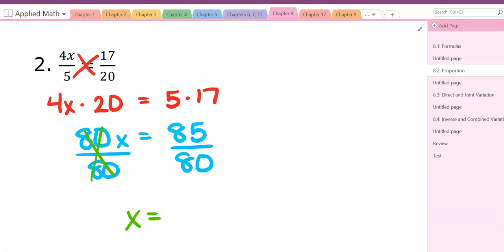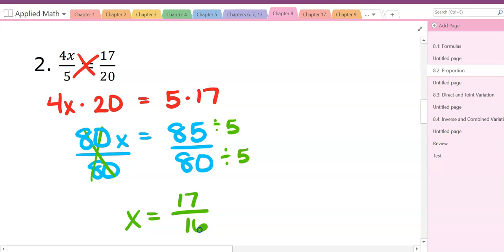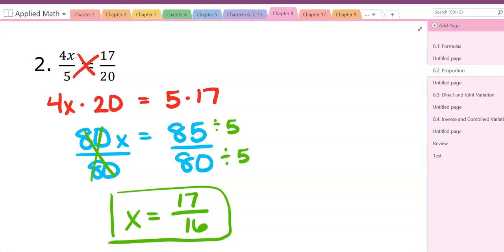So we already know that 5 times 17 was the 85, so we should be able to reduce the 85 to 17. But what's 80 divided by 5? 16. So we're going to have 17 over 16. You guys can leave it there. You don't have to write it as a proper fraction. You can leave it as an improper fraction. It's also okay if you happen to give me the decimal. As long as it's the correct decimal, I'll give you credit for that too.